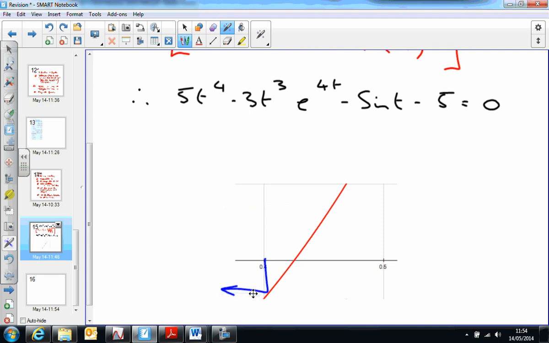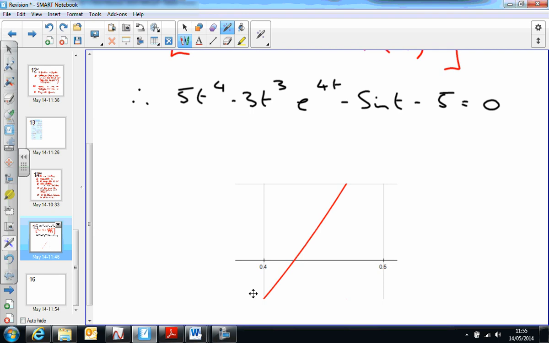If I let t equal 0.5, I'd end up with a positive value for the function. So the correct value for it to equal 0 must be somewhere between 0.4 and 0.5.